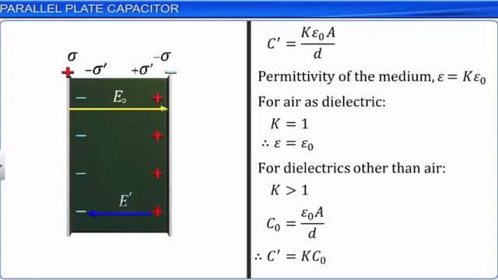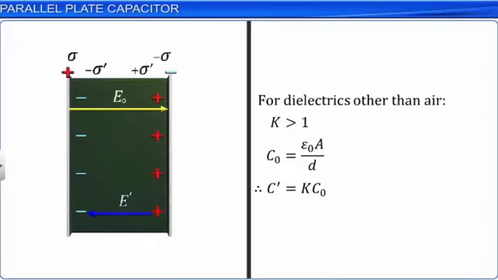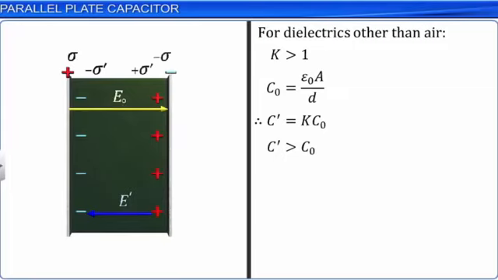Since K is greater than 1 for any medium other than air, we have C dash greater than C naught. We can also write K as the ratio of C dash to C naught. Thus, the dielectric constant K is a dimensionless quantity and has no unit since it is a ratio between similar quantities.